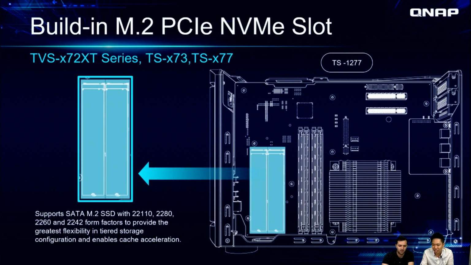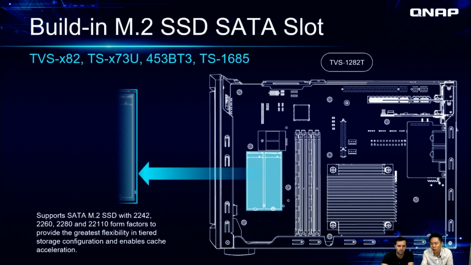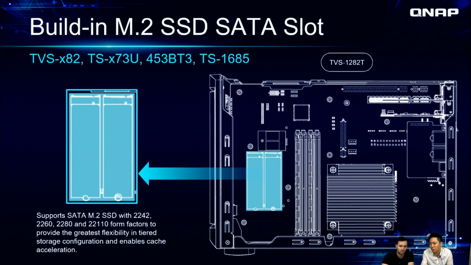First of all, in hardware, you can see from the title directly that we support M.2 PCIe. So if you want, you can insert the PCIe SSD into our NAS system to be used as a cache or as a Qtier. And here you can see that we also have built-in M.2 slots on different models, for example X82, X73.